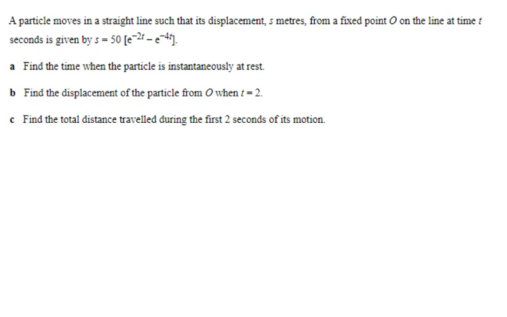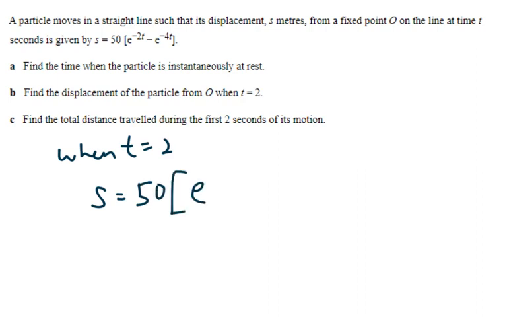Go to part B. You have to find the displacement of the particle when t is equal to 0. So this question is very simple, whereby all you need to do is, when t is equivalent to 0, just substitute the t value in your expression of displacement. 50 times (e^(-2 times 2) minus e^(-4 times 2)), close bracket.